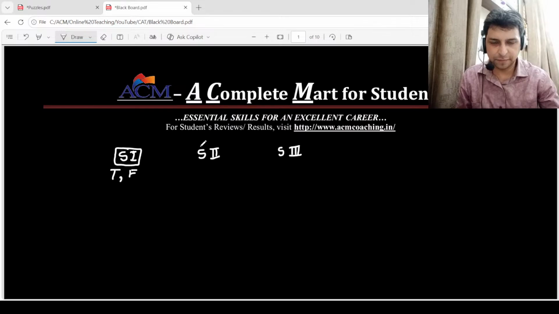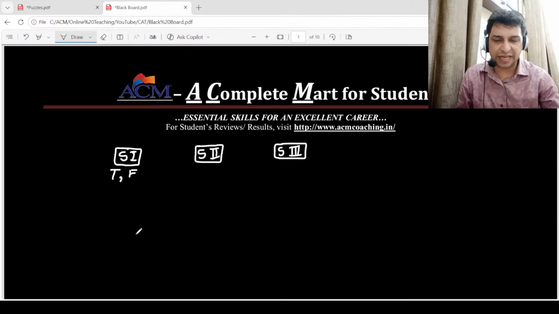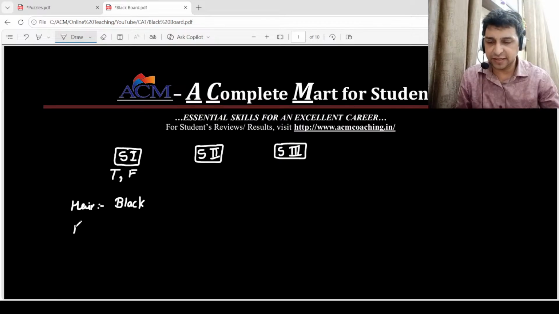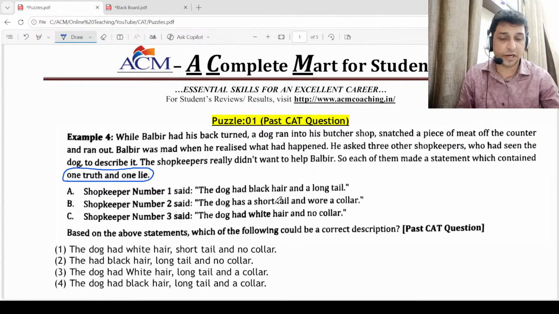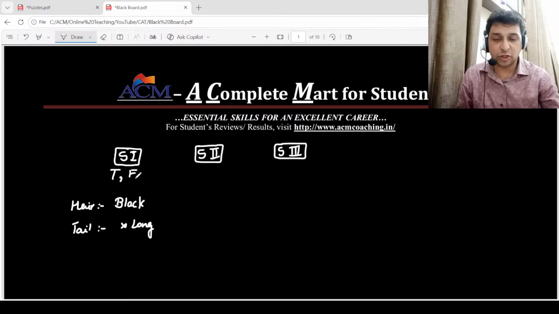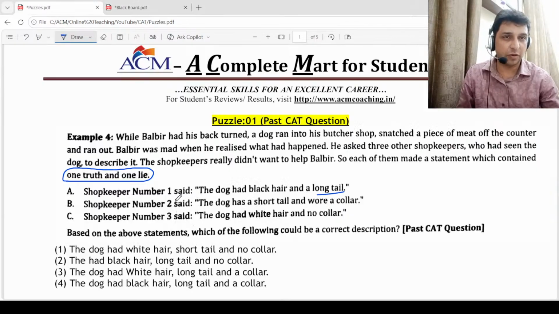The first fact is true, so as per that, the dog has black hair. The second, a long tail, is false, so the dog should not have a long tail.